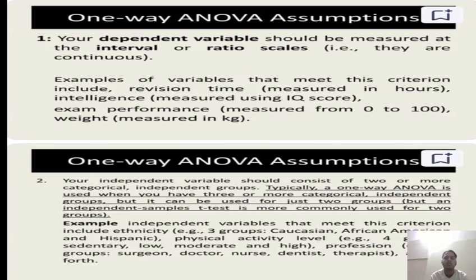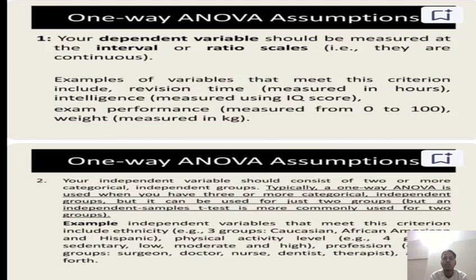One-way ANOVA assumptions. Your dependent variable should be measured at the interval or ratio scales. They are continuous. Examples of variables that meet this criterion include revision time measured in hours, intelligence measured using IQ score, exam performance measured from 0 to 100, weight measured in kg.